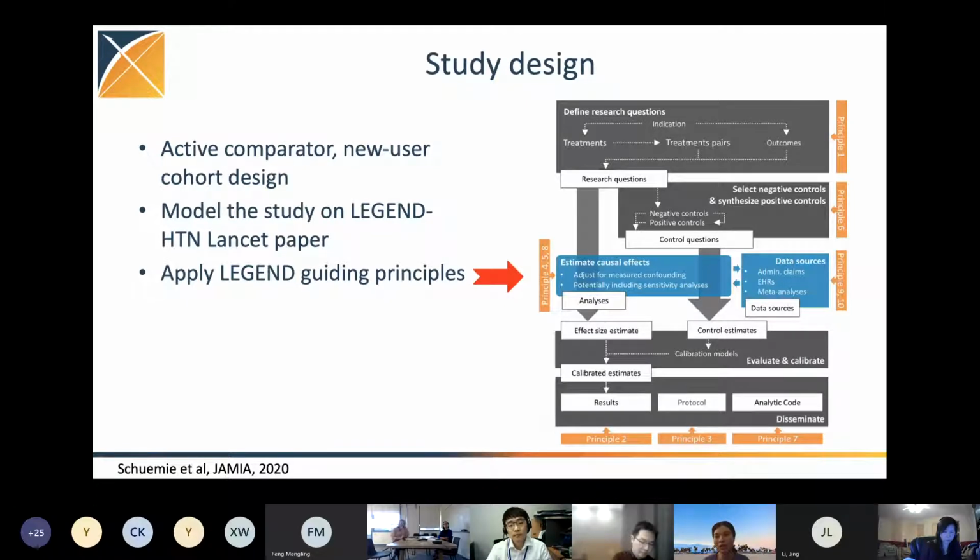But really, what is wrong with observational study? Observational study also has high quality and low quality. If we conduct it in a high quality way, it will still provide deep insight in the field. What is considered a high quality observational study? I think the Legend principles really summarized that in a nice way. And it's really good for us to learn through all these guiding principles and conduct a study that follows them.